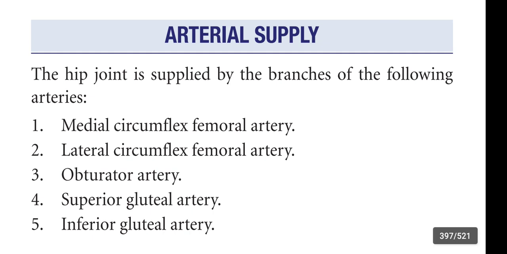The hip joint is supplied by branches of the following arteries: medial circumflex femoral artery, lateral circumflex femoral artery, obturator artery, superior gluteal artery, and inferior gluteal artery. These arteries' branches supply the hip joint.